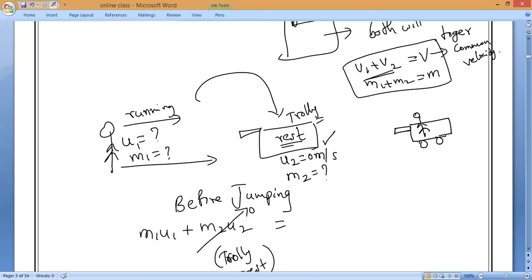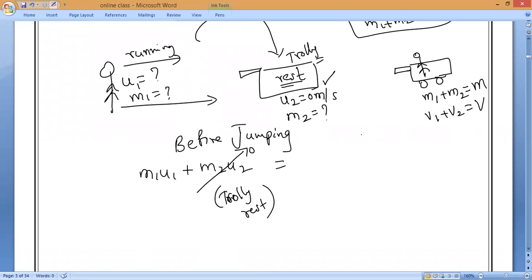Now you tell me, will they go with a common velocity or separately? Common velocity. So both masses you have to add: mass of girl plus mass of trolley is the common mass, and the velocity of girl plus trolley is the common velocity.